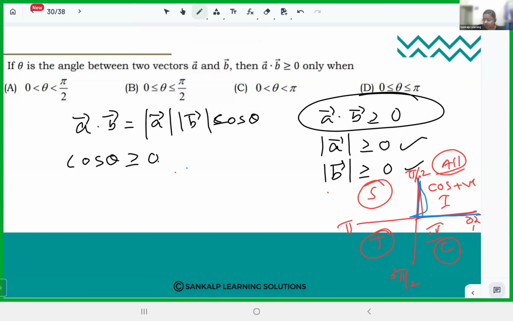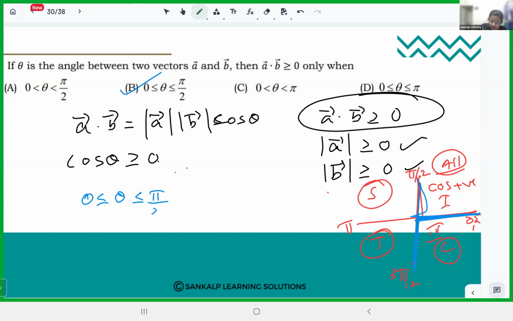Okay. And what about the theta in the fourth quadrant? It varies from 3 pi by 2 to 2 pi. Isn't it? So from the options, which is the theta that satisfies the condition? It is option B, right? You can see that in the first quadrant it is 0 less than or equal to theta less than or equal to pi by 2.